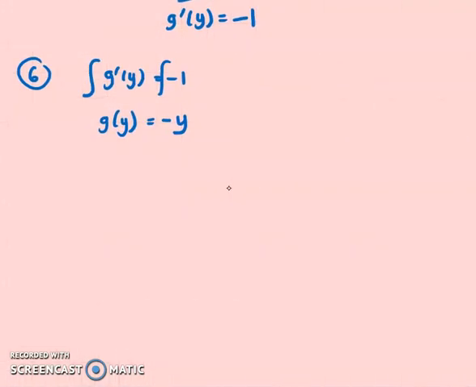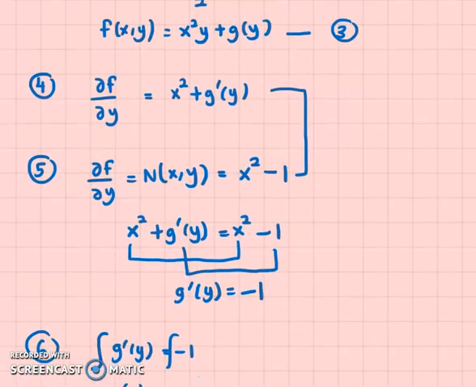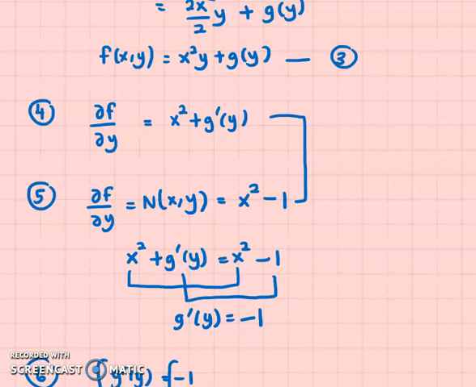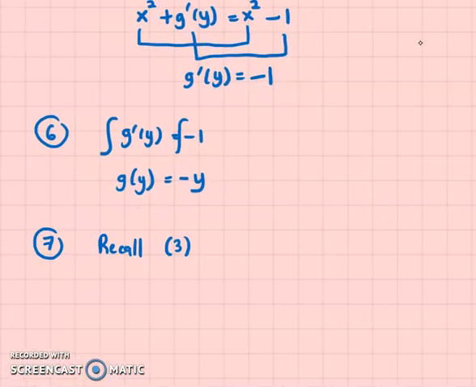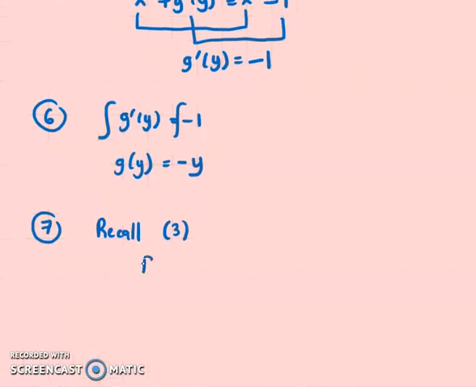Now we are almost done, where our 7th step will be: recall equation 3, where we have f of x,y equals x squared y plus g of y. We want to substitute our g of y here. So we have f of x,y equals x squared y plus g of y, and g of y is negative y.